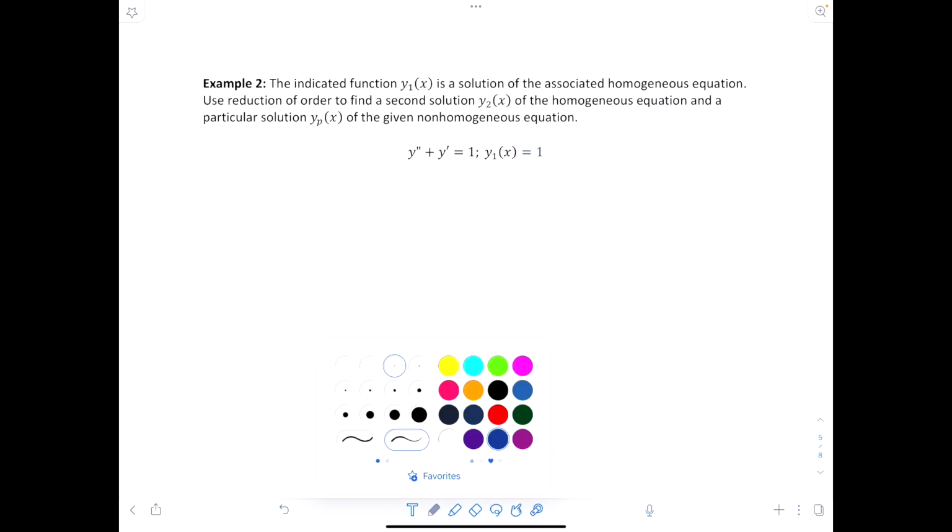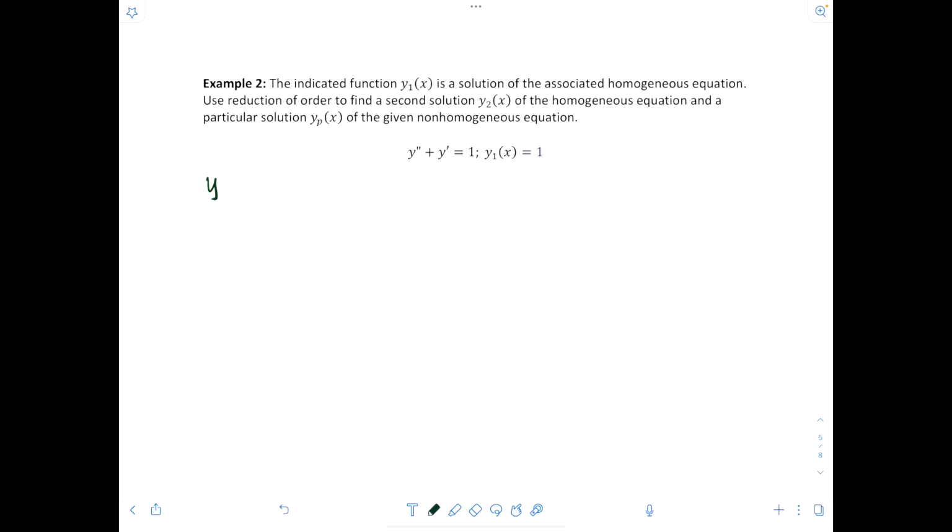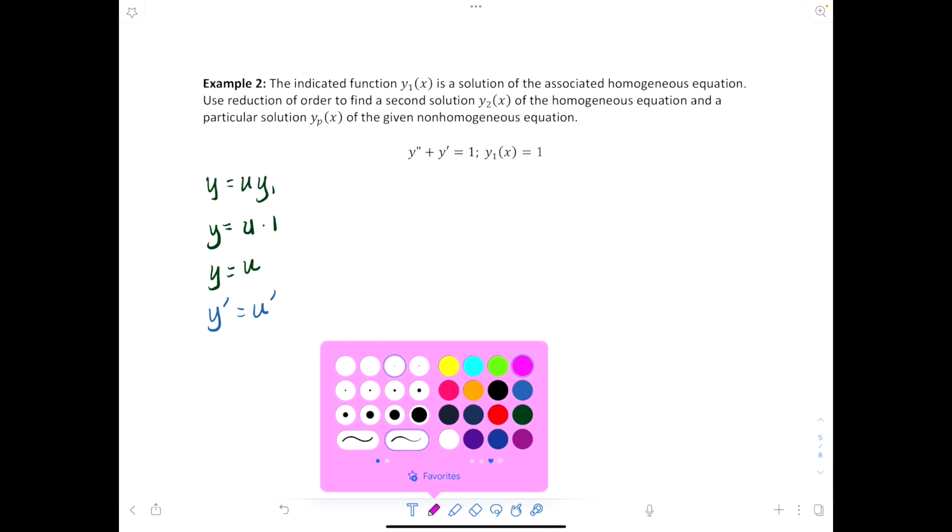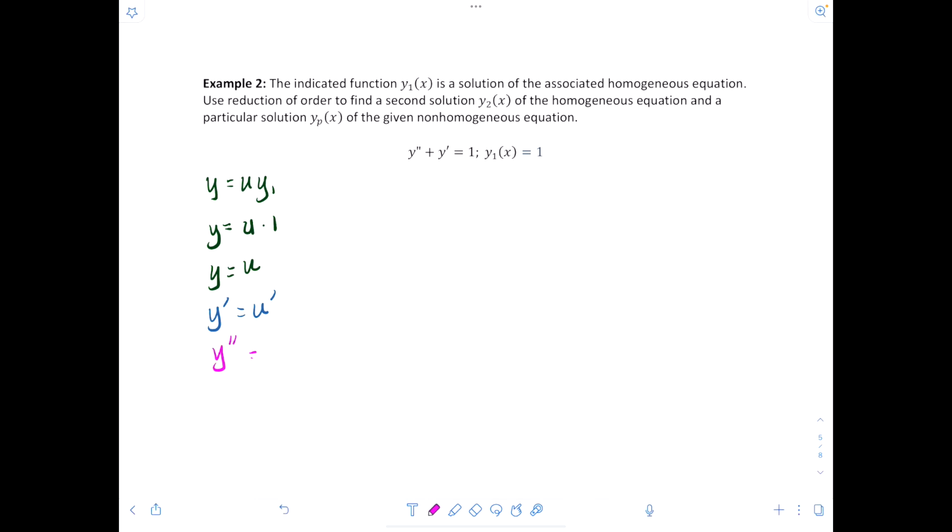So y is equal to u times y1, and that would make it u times 1, so y is just equal to u. And then when we find y prime, we're just going to get u prime, and then y double prime will be u double prime. Good so far?